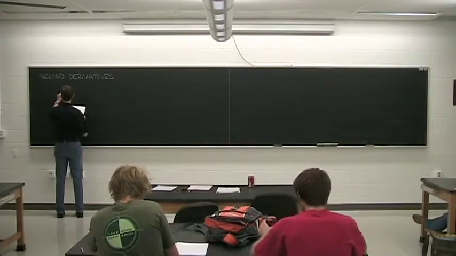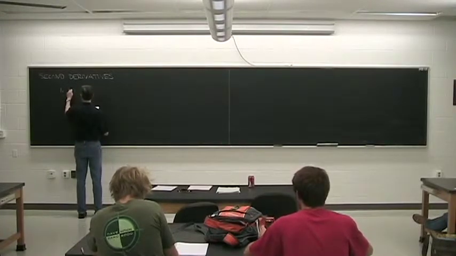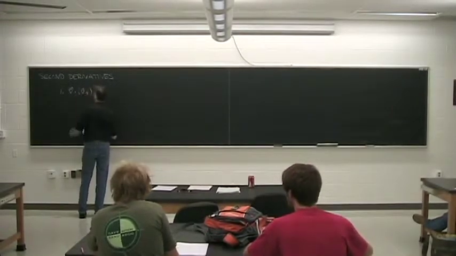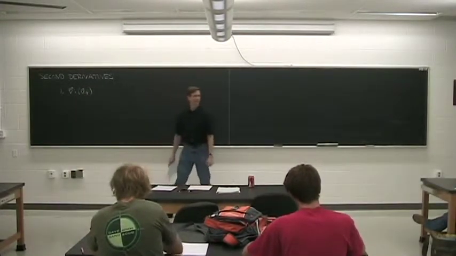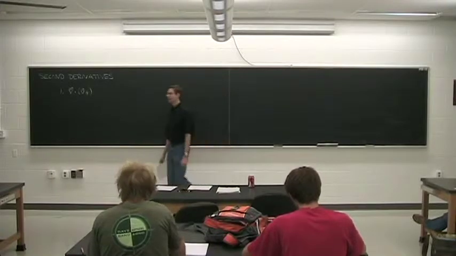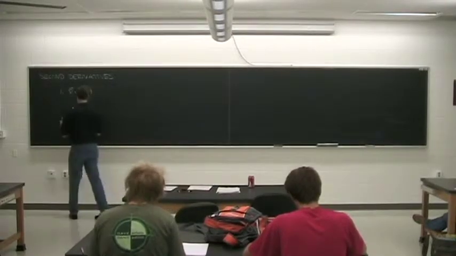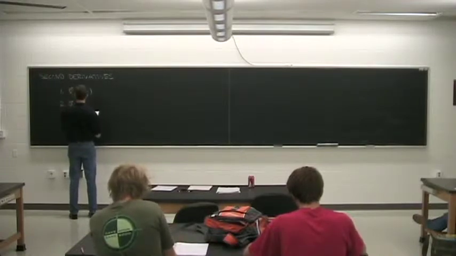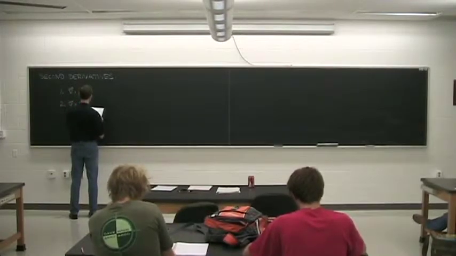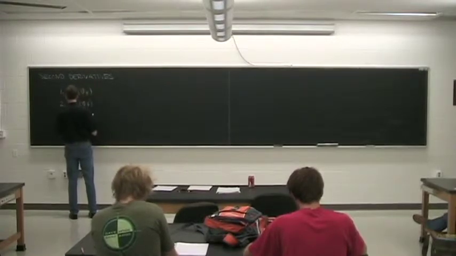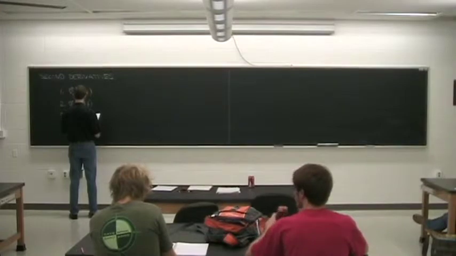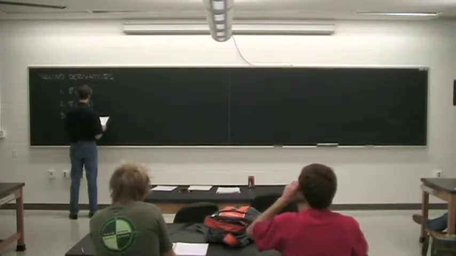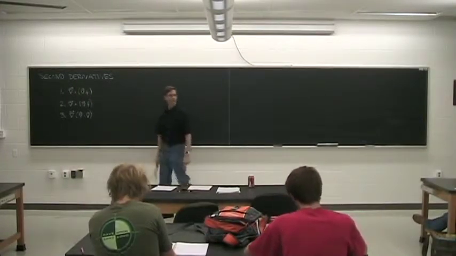In fact, we could talk about the divergence of the gradient of f. That would be a second derivative we could make that involves vectors. We could talk about the curl of the gradient of f. We could talk about the gradient of the divergence of some vector field v.